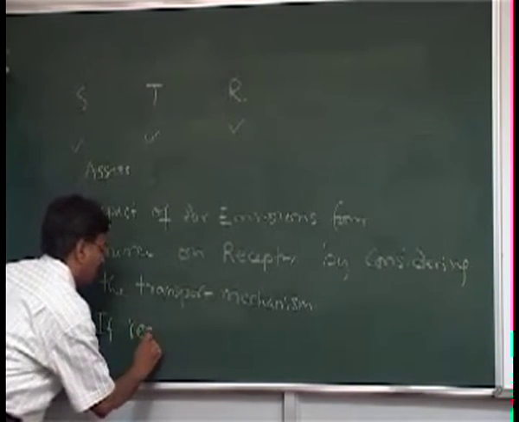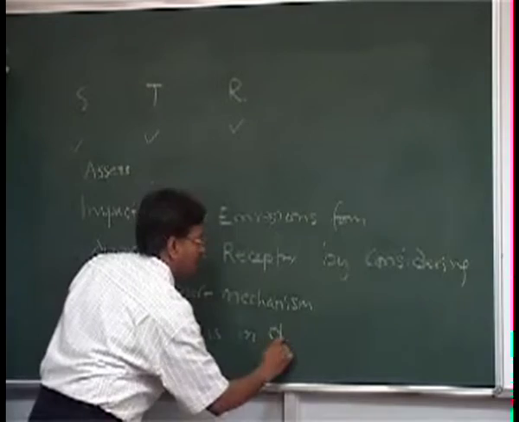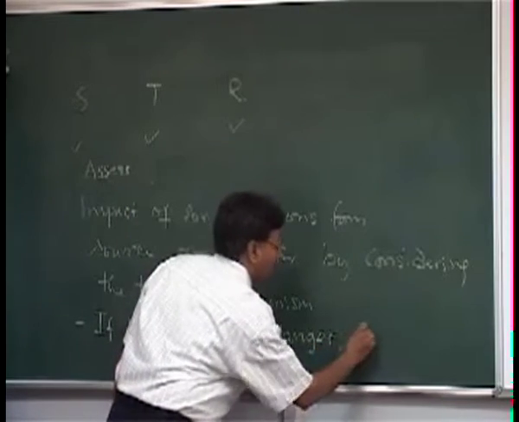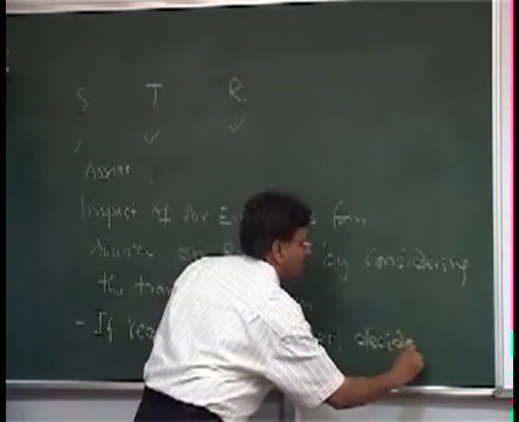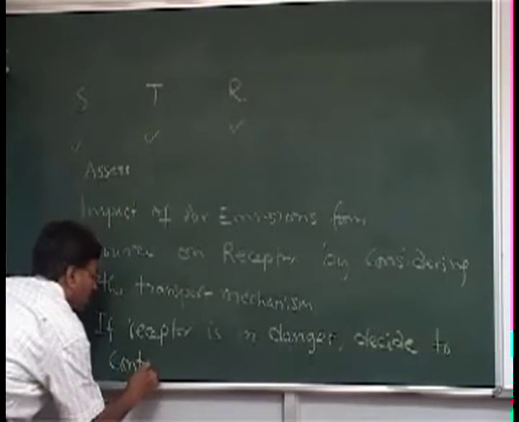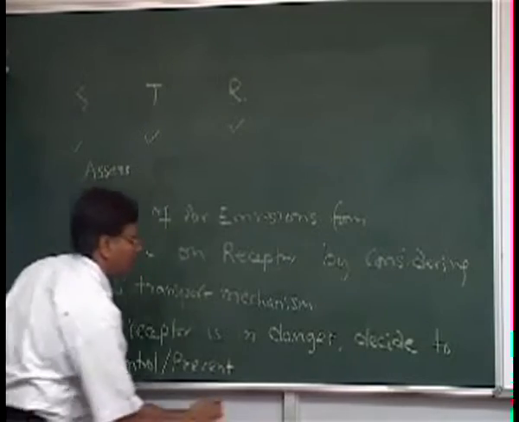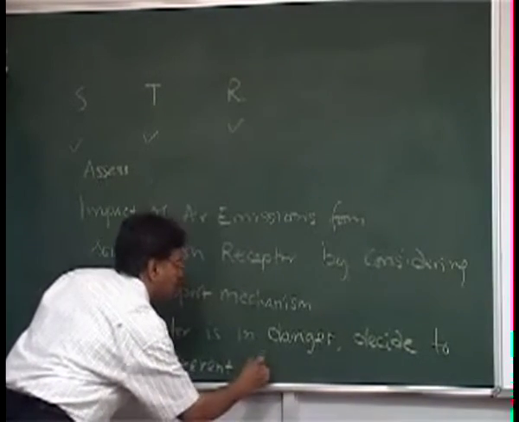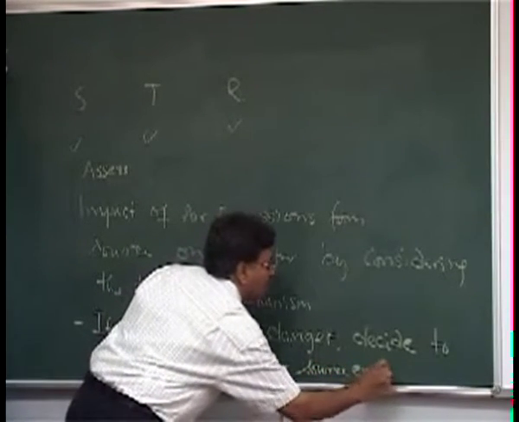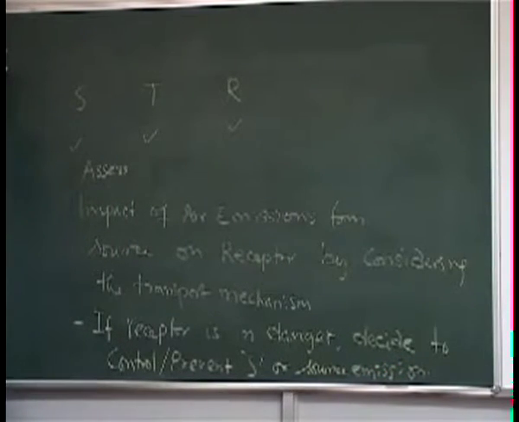If receptor is in danger, decide to control or prevent, if you like, prevent source emission. That is what we want to do.